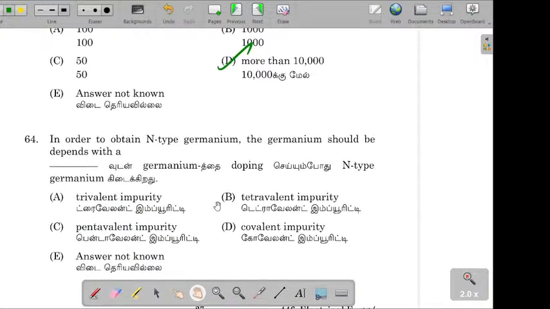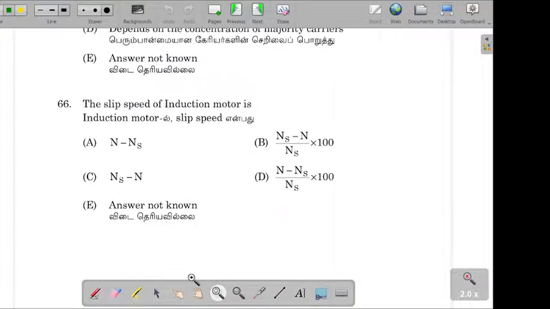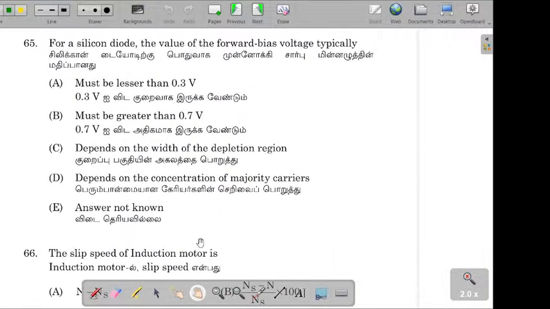In order to obtain N-type germanium, it should be doped with pentavalent impurity. For a silicon diode, the value of forward bias voltage typically must be greater than 0.7 volt.